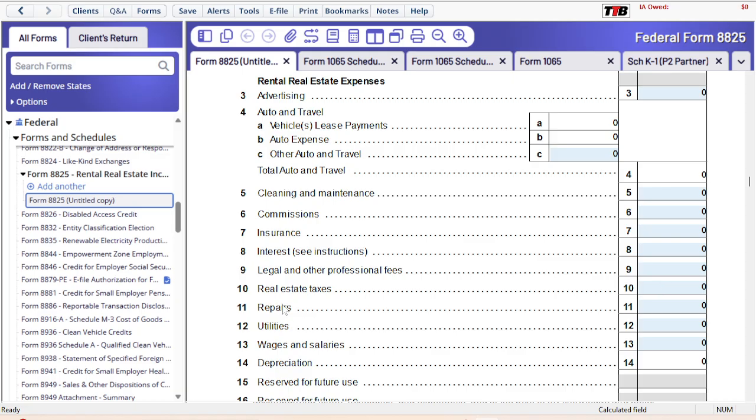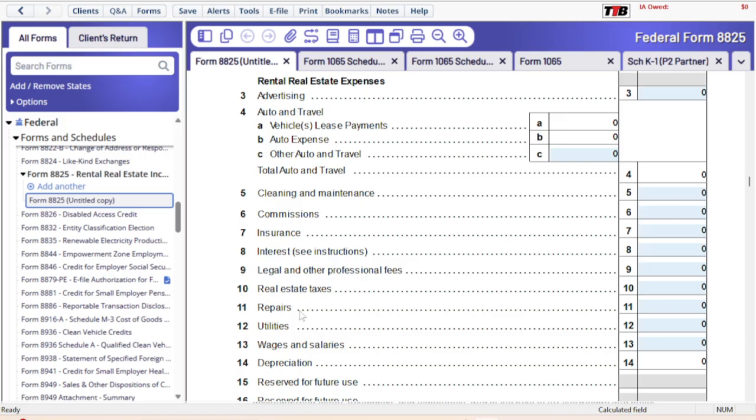Repairs, whether you change the locks or you fix something that a tenant broke. When a tenant was leasing the place, they move out and you need to do some repair, or a clogged sink.